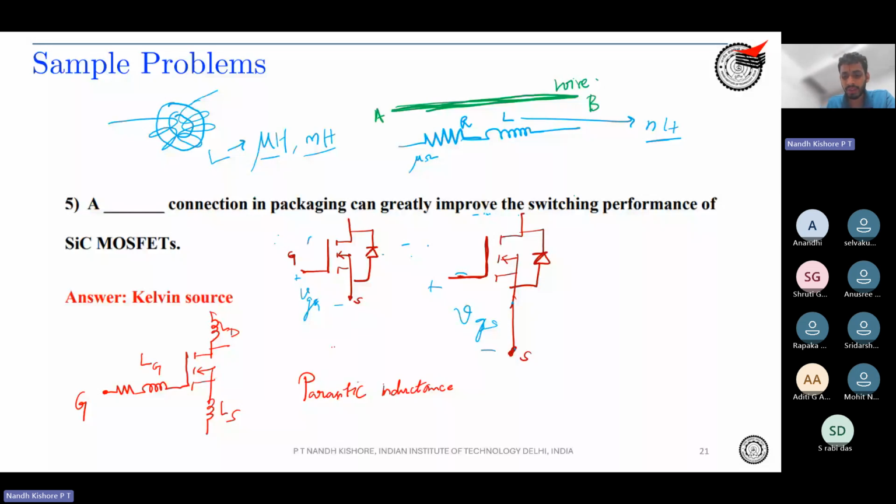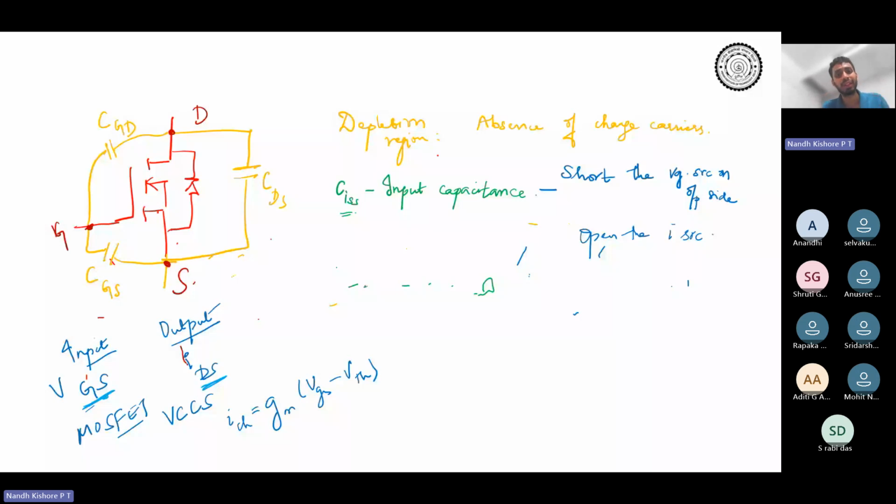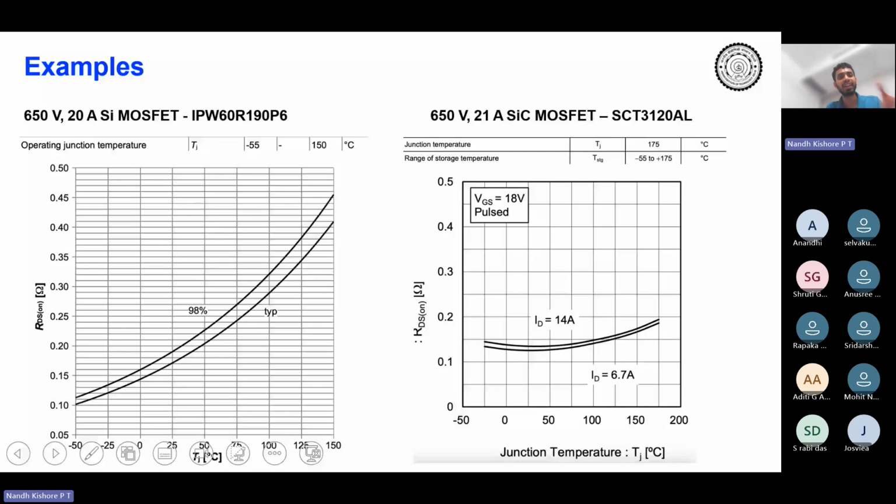Just a while ago we were talking about device capacitances. Those are not capacitances that you went and added into the device. They came because of the presence of the depletion region, because of the device itself, because of the separation of charge carriers. Like that, because of a physical connection, there is some parasitic inductance, a few nanohenries.